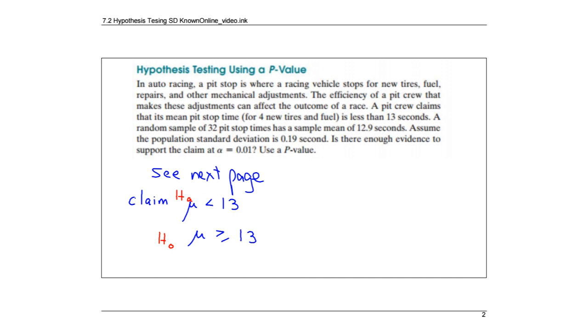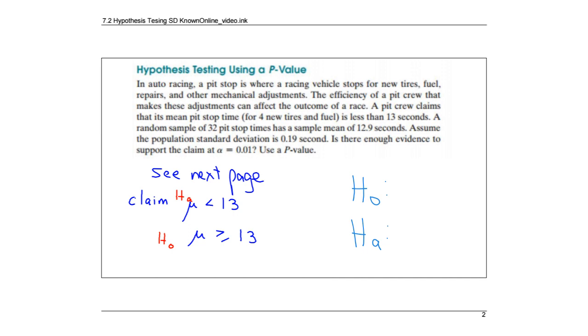All right, so a lot going on there. Let's break it down. First, it said a pit crew claims that its mean pit stop time is less than 13 seconds. So we know we're going to have a null hypothesis and an alternative hypothesis. We did this in 7.1, and this is less than.